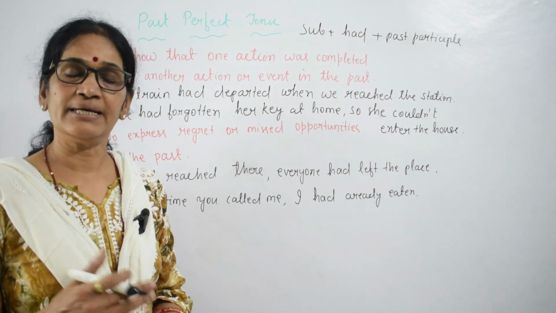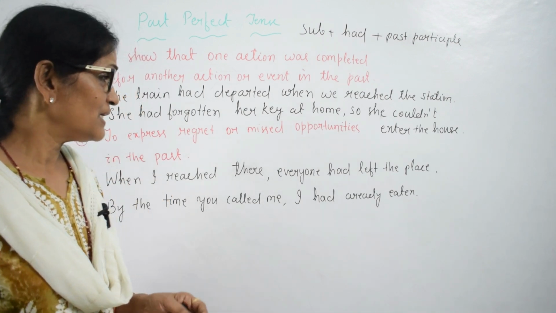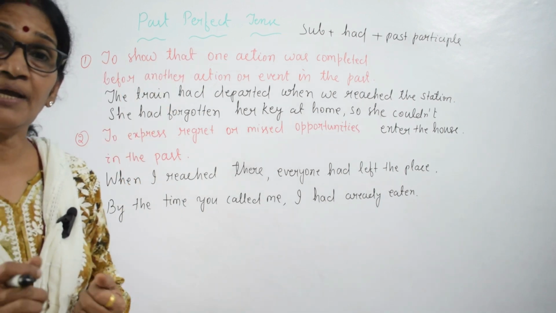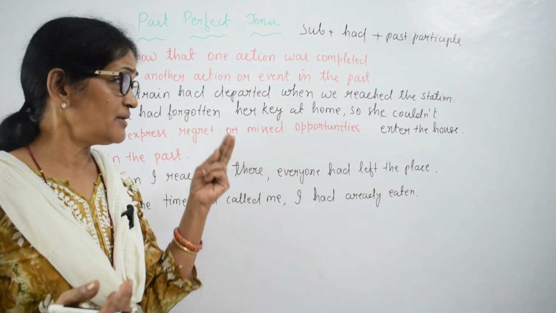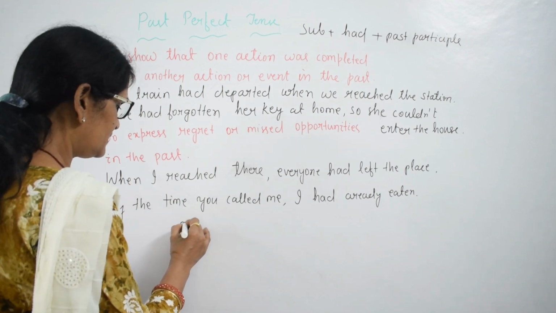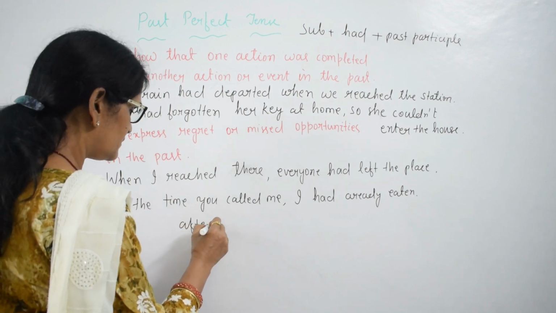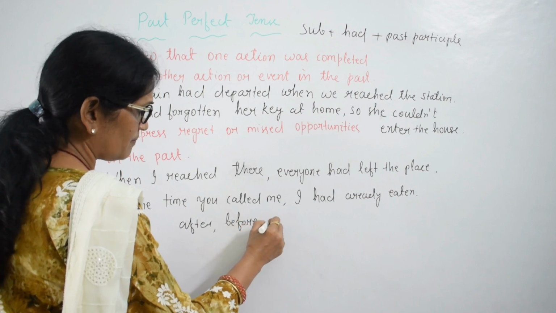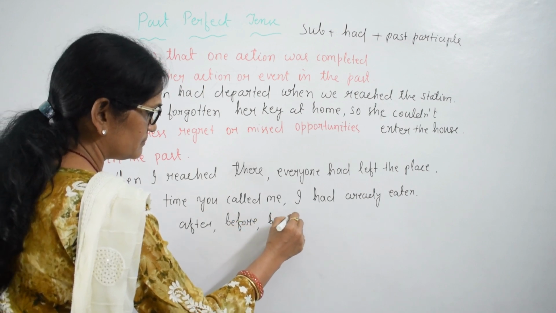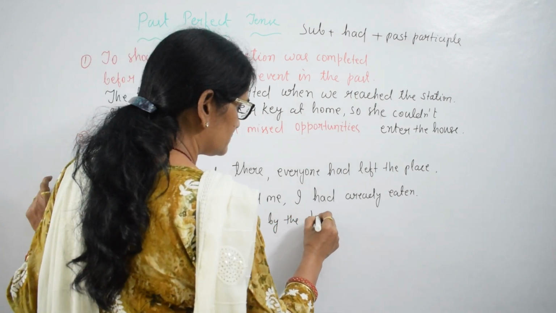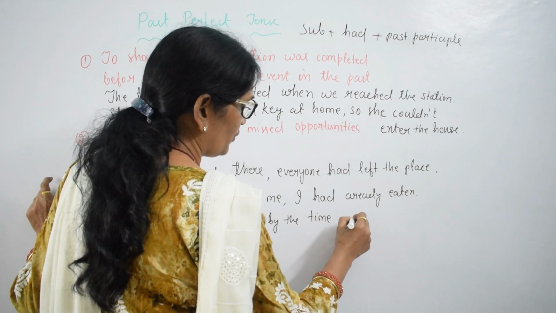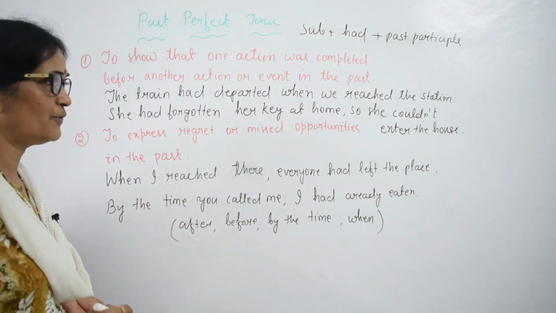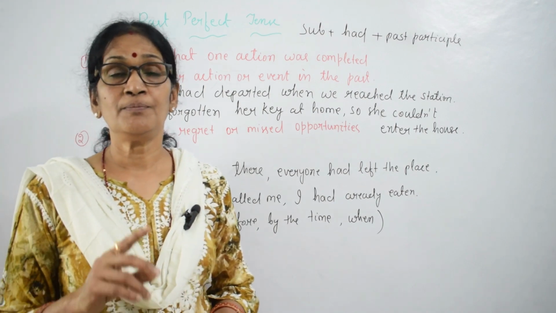I had already eaten. In such a way, we use past perfect tense. What are the time markers? Time markers for past perfect: after, before, by the time, when, etc.